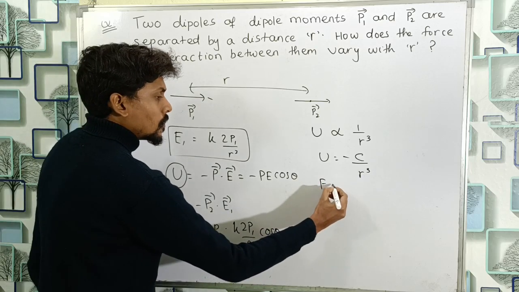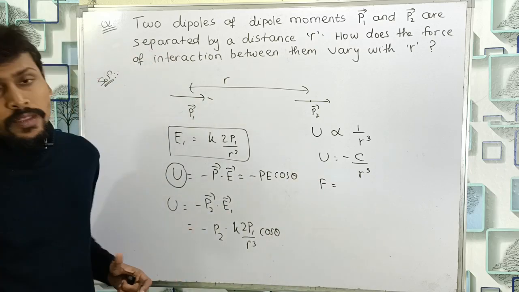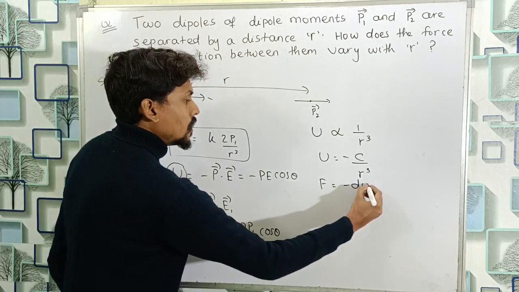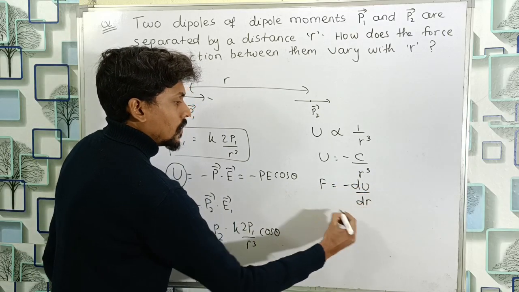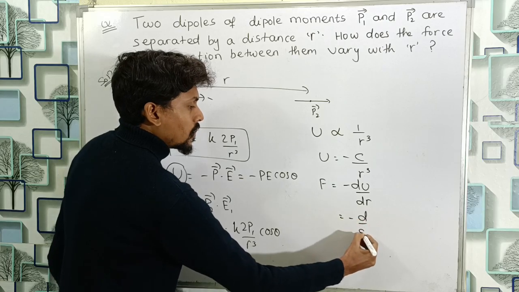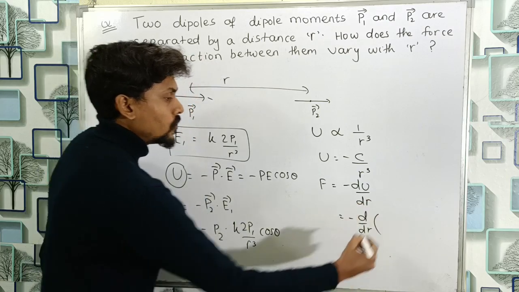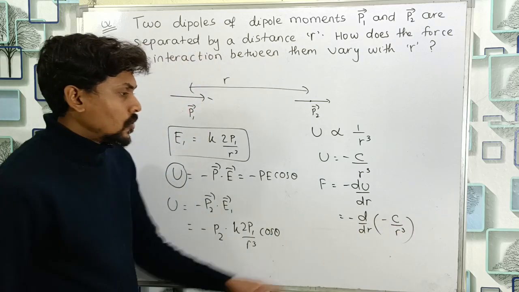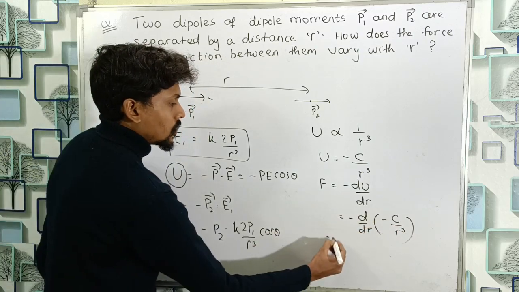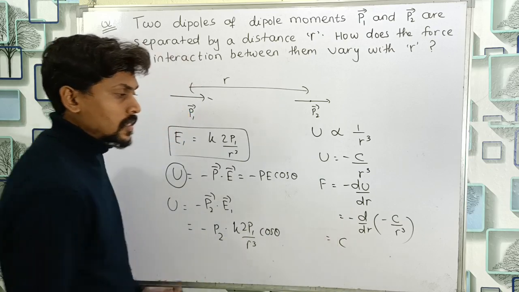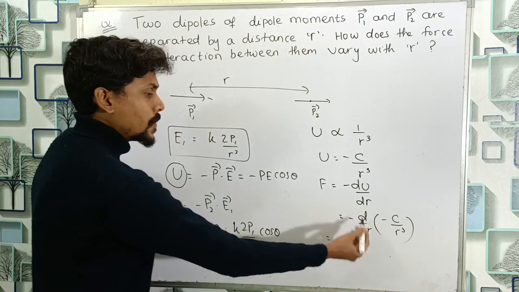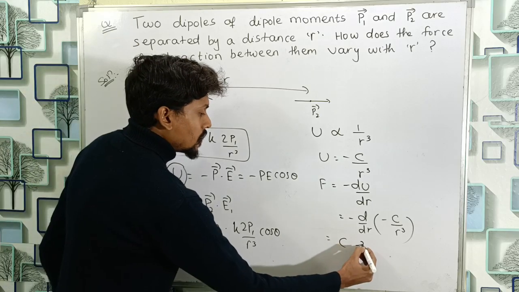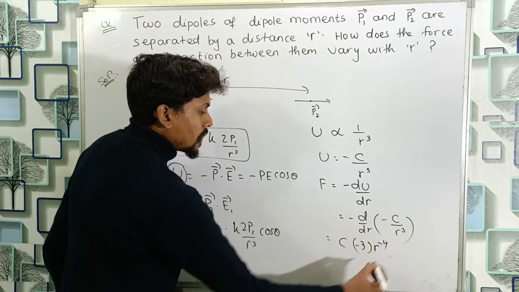So what is the relation between force and energy? F equals minus dU by dr, that is equal to minus of d by dr of U, where U is minus some constant c divided by r to the power 3. So minus minus will become plus. Taking c outside, we have d by dr of r to the power minus 3, which will be minus 3 into r to the power minus 4.